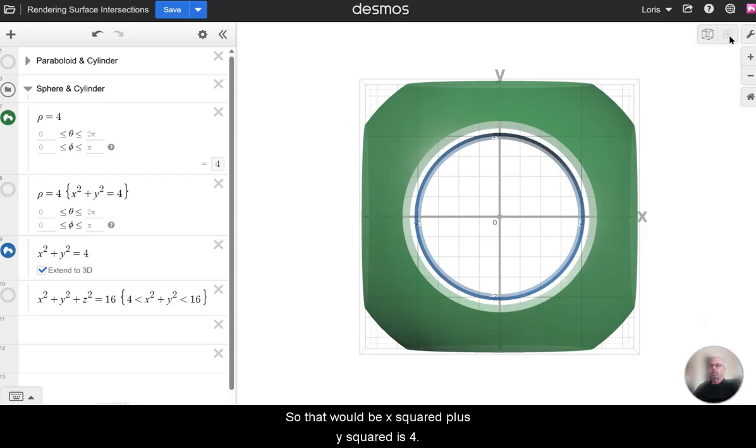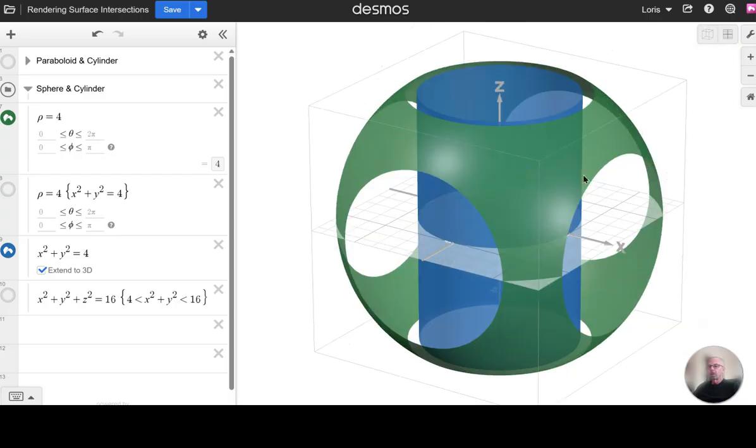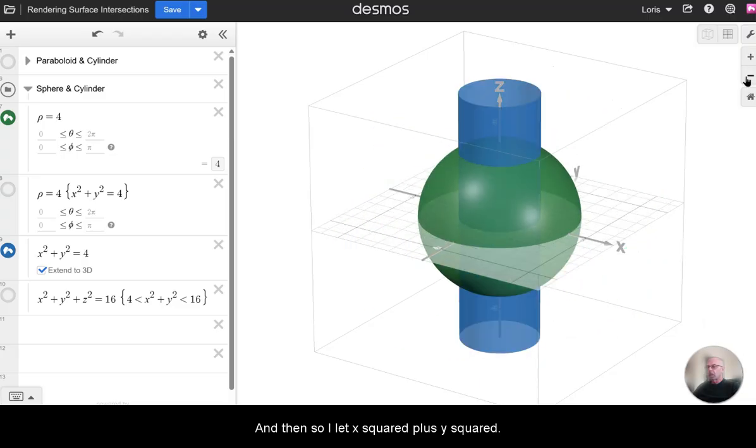So that would be x squared plus y squared is 4. Then I rewrote the sphere down here, and the sphere only exists between 4 and 16. 16 is the maximum radius squared of the sphere, and 4 is the radius squared of the cylinder.